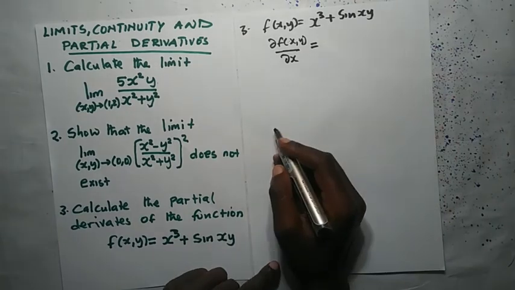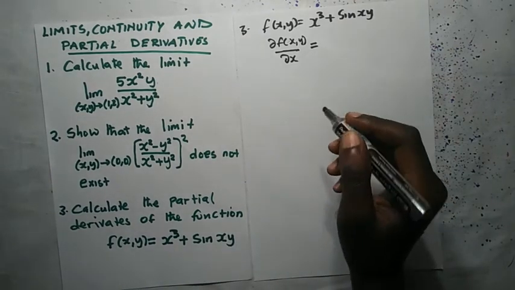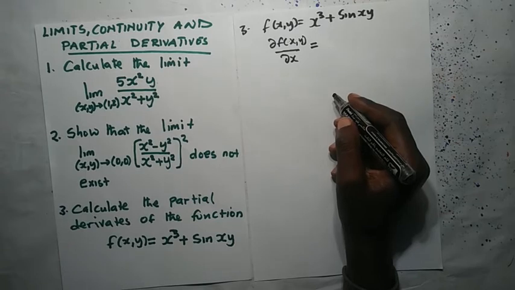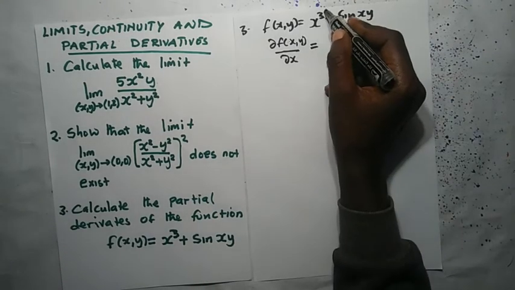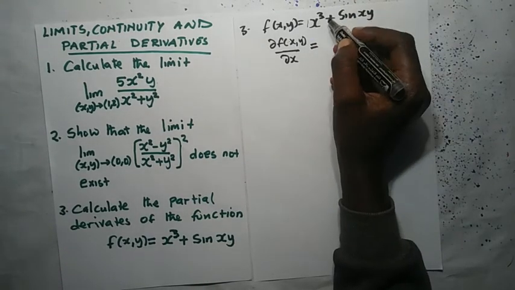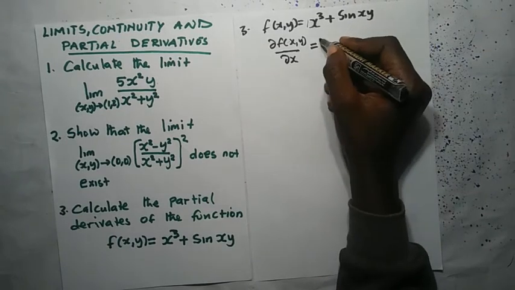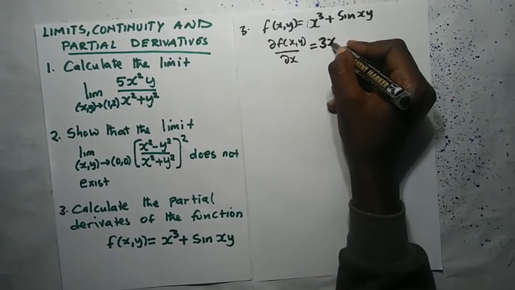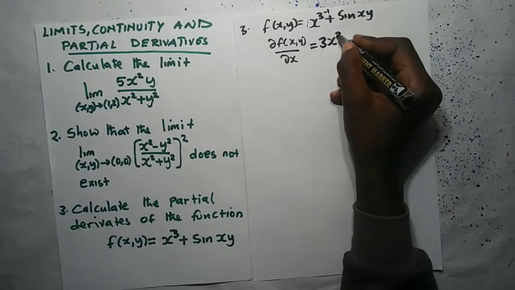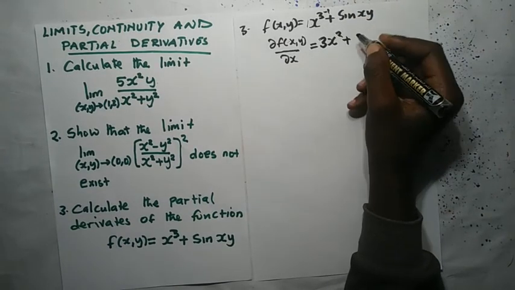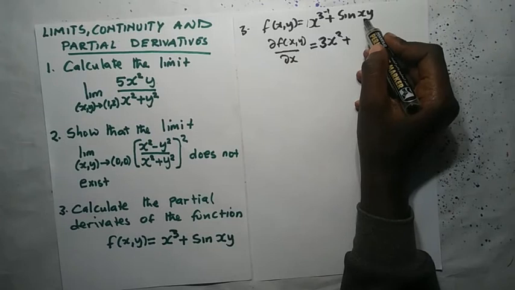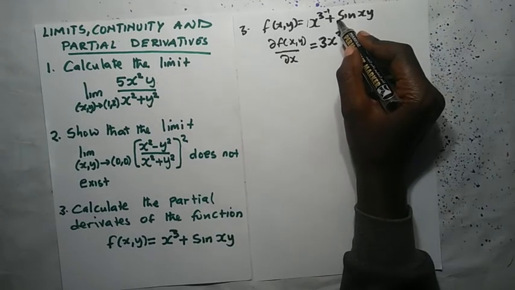Now it's a partial derivative, so if there's any y here, the y will be treated as a constant. When you differentiate x cubed, there's a coefficient of 1, so you multiply 3 times 1, you have 3x, and then you subtract 1 from the power, so you have squared, plus here in this function, you start by differentiating the function itself, sine.